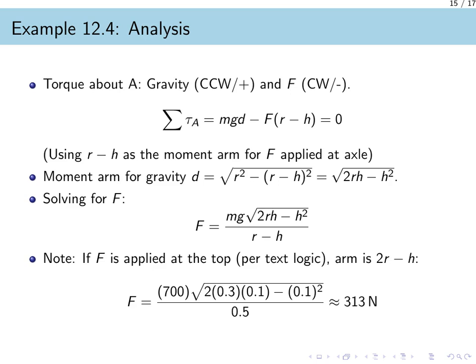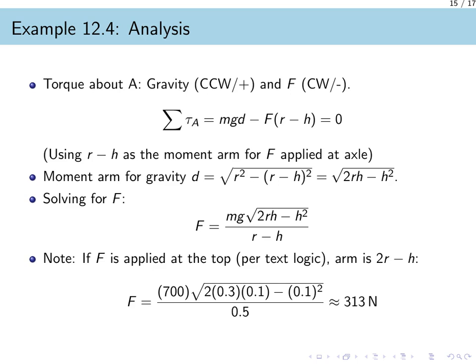The downward force of gravity creates a counterclockwise torque, while the applied horizontal force at the top of the wheel creates a clockwise torque. From geometry, the moment arm for gravity is the square root of the quantity 2rh minus h squared. The moment arm for the applied force is the vertical distance 2r minus h.